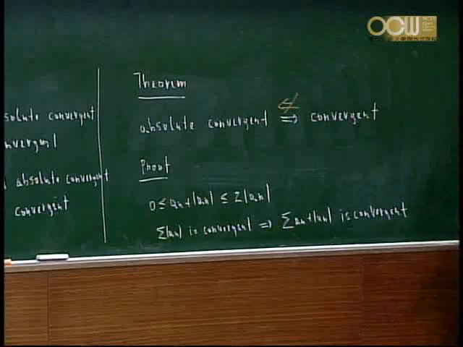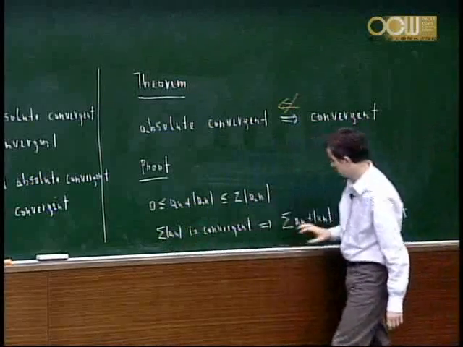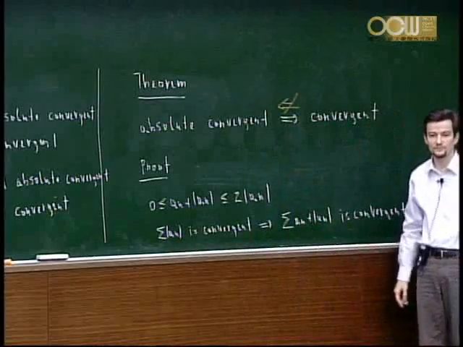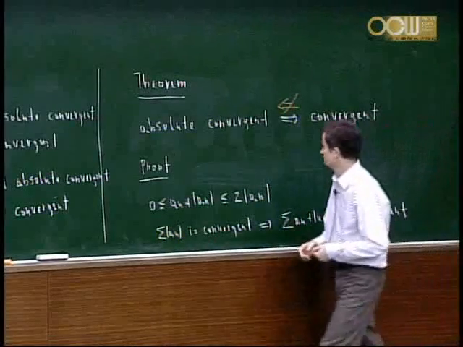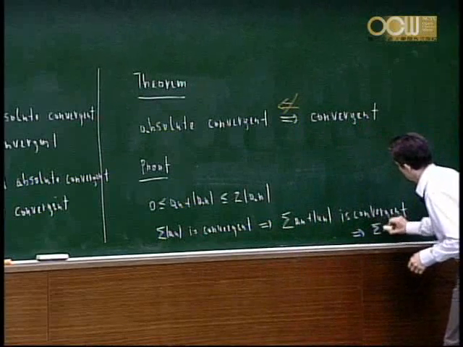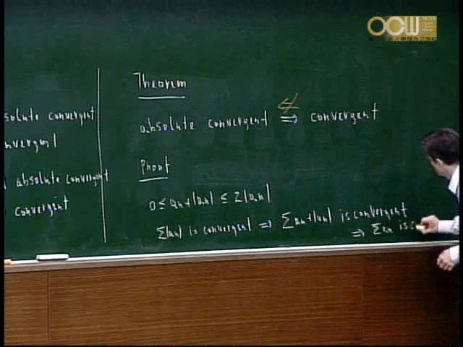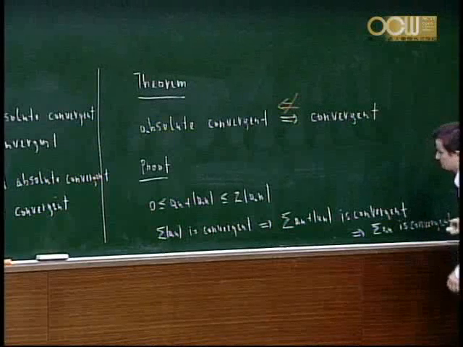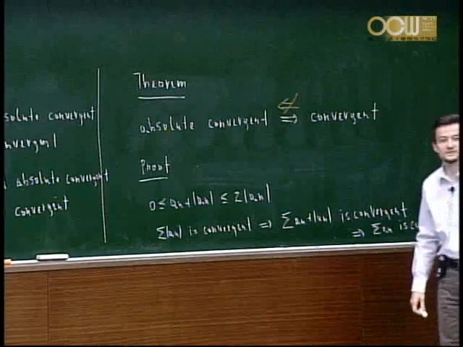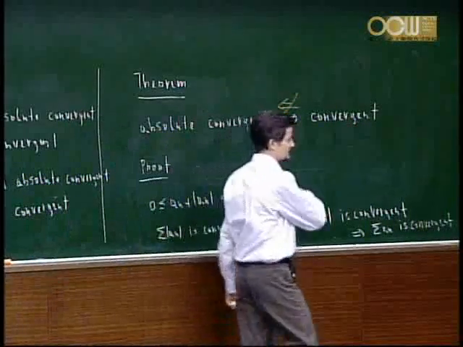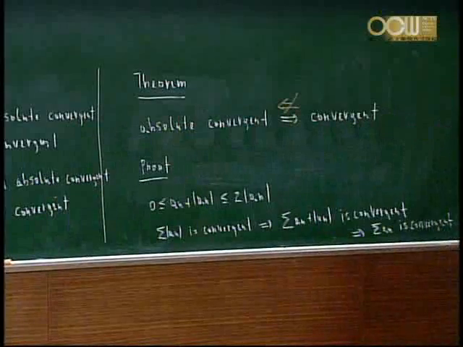But once more, this series is convergent, so you can subtract this series from this one, which implies that the series over the a_n is convergent. Nice proof. You just use the comparison test, and you immediately get the result that absolute convergence implies convergence.